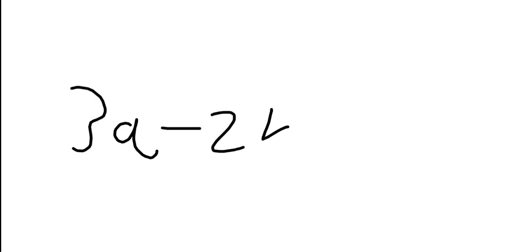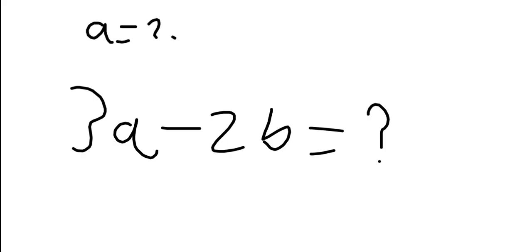Now, let's try another problem. Let's do 3a minus 2b equals an unknown number, where a equals 2 and b equals 4.